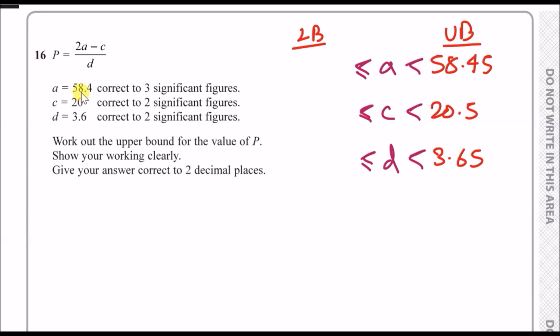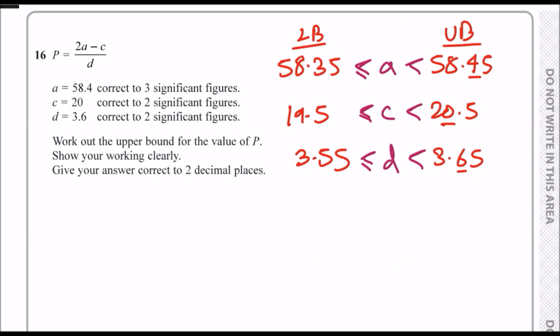To round up to 58.4, it would have to be 1 unit less, just before the 5, so it would be 58.35. The next one would be 19.5, and then 3.55. Okay, so that's the key idea.